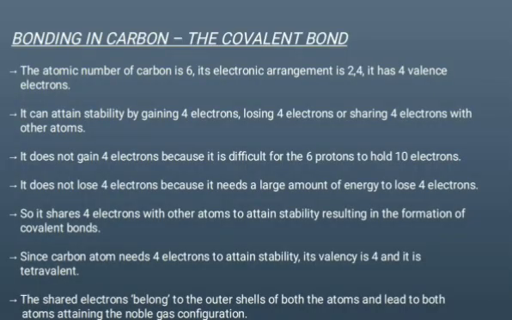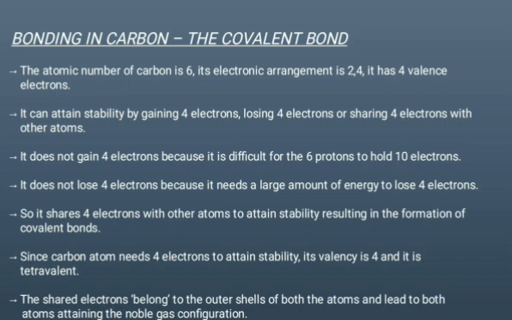So, carbon overcomes this problem by sharing its valence electrons with other atoms of carbon or with atoms of other elements. Not just carbon, but many other elements form molecules by sharing electrons in this manner.